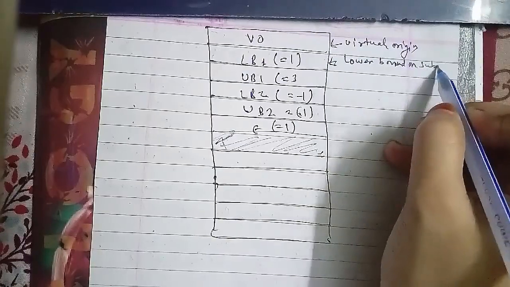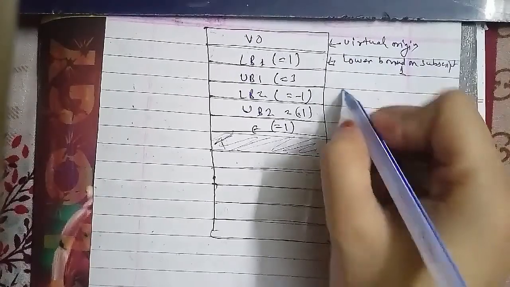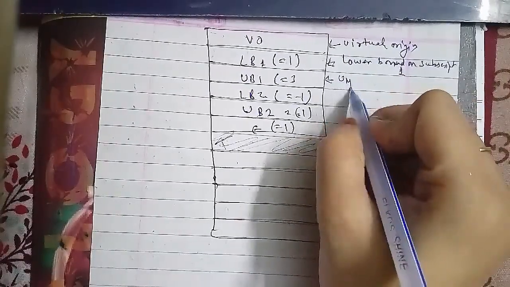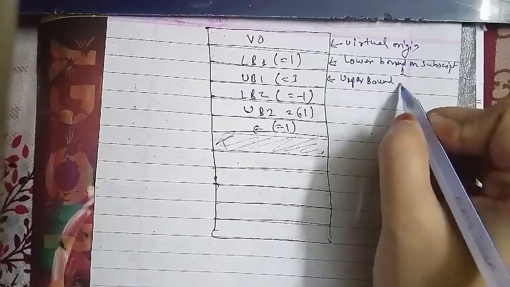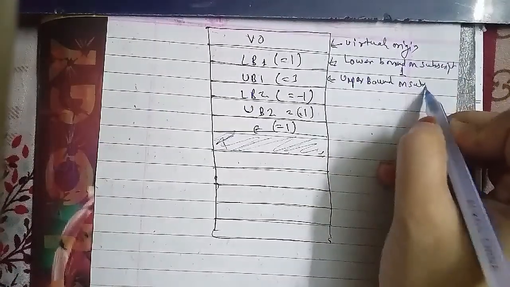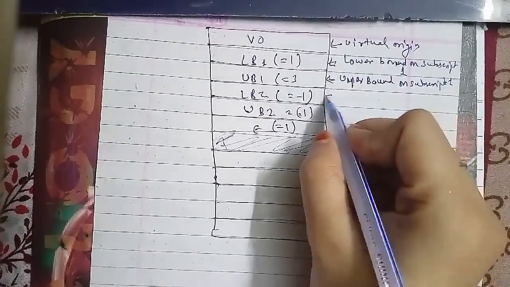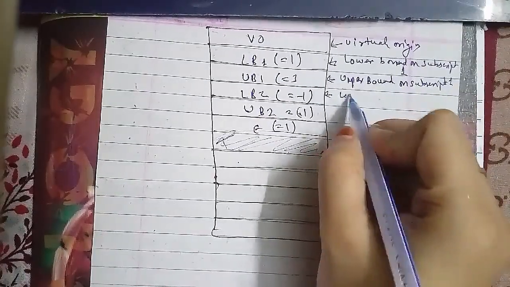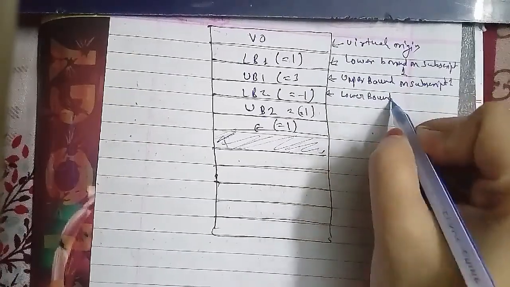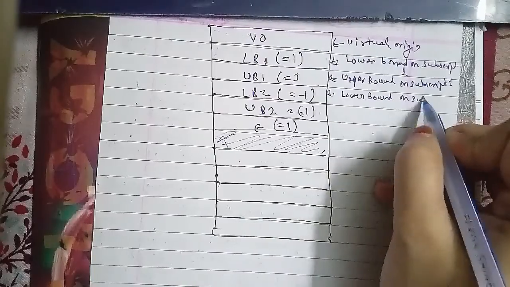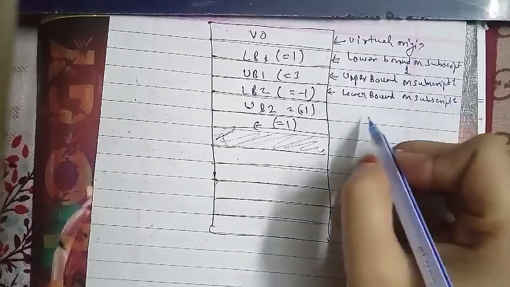Then we have lower bound on subscript 2. Then we have upper bound on subscript 2. Then we have your size of component.